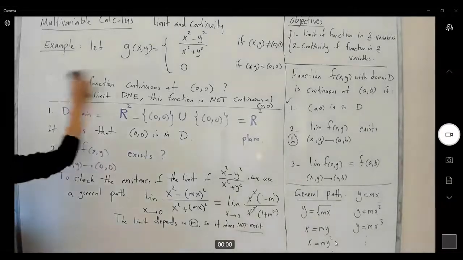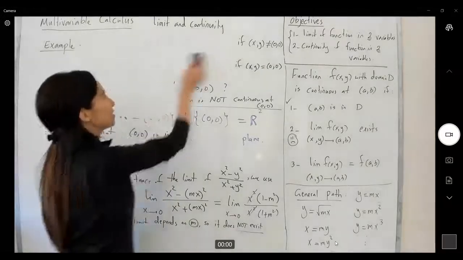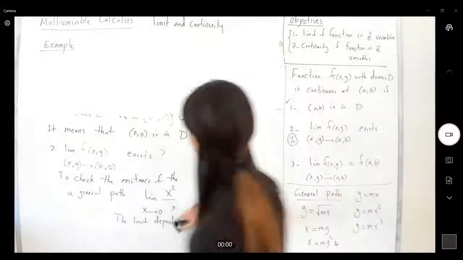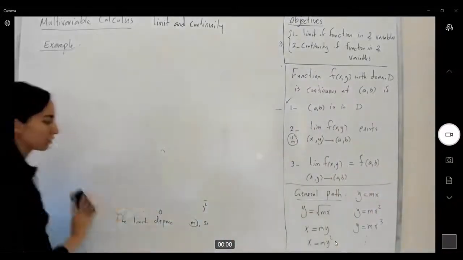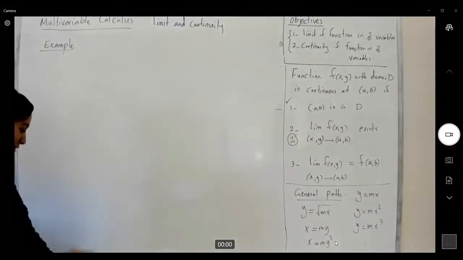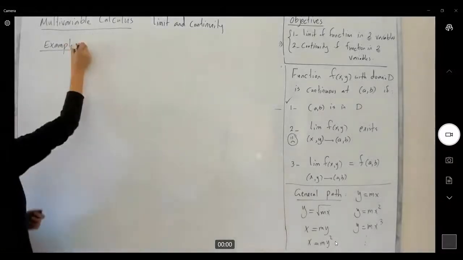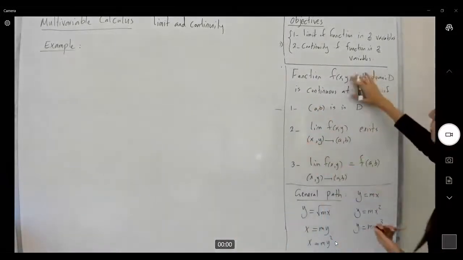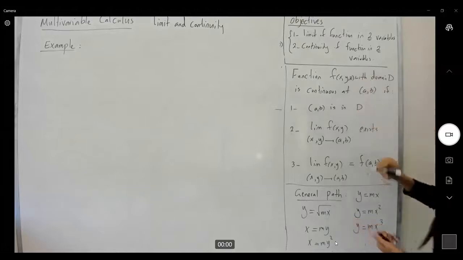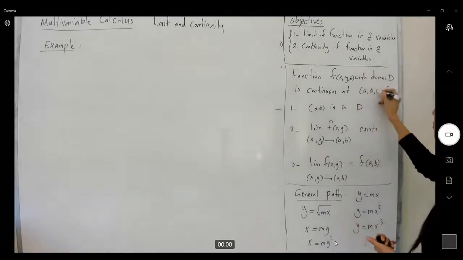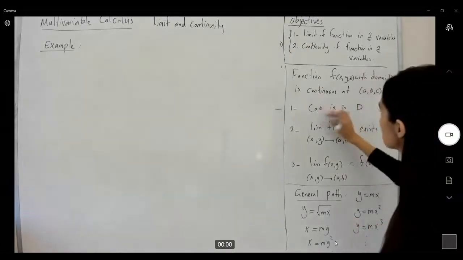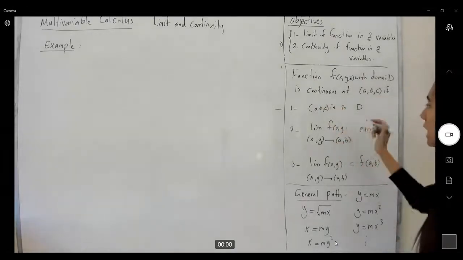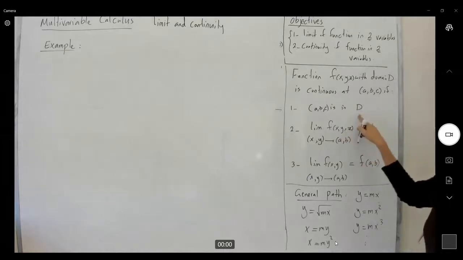Very well. Suppose we have a function with 3 free variables. How do we analyze continuity of that function? First of all, it's going to follow the same process. When you're checking the continuity at a point A, B, C, first of all, that point must be in the domain of the function.